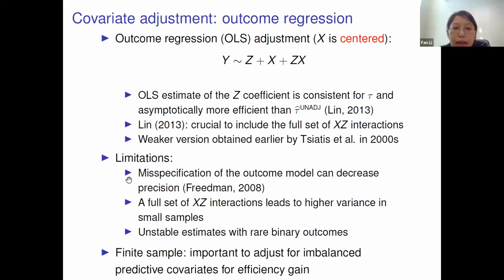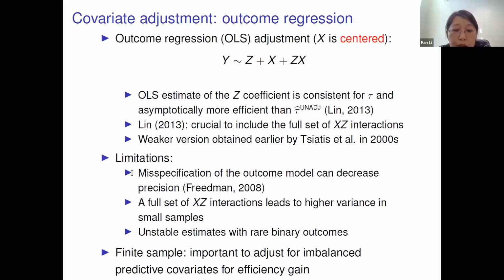Then there are some limitations of this approach. This outcome model has nothing to do with whether it is the truth or not. The result is that the OLS estimate of the Z coefficient is consistent regardless of whether the true model is indeed this model. So that's why it's very, very strong.